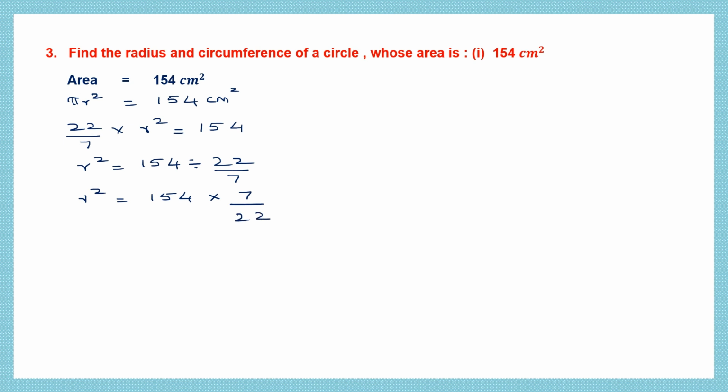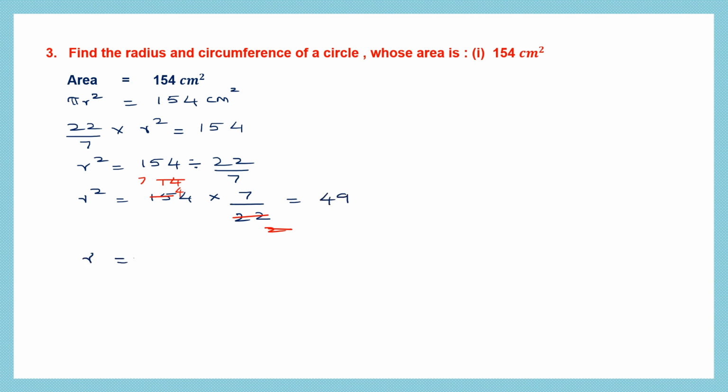We can divide 22 and 154 by 11. 11 twos are 22. Here 11 ones are 11 and there is 4 left. So that's 44. So 14. Again 2 into 7. 2 sevens are 14. Now multiply the numerators. 7 sevens are 49. So r square is 49.